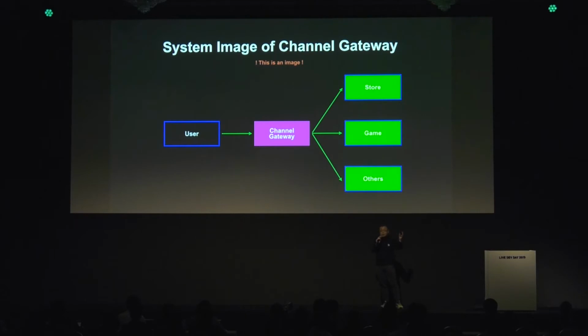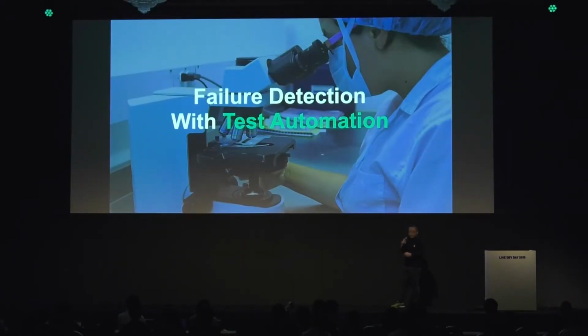Channel gateway is where we have many APIs and they are aggregated so that they are published in a usable manner to the external parties. So that means that in the background, I wrote names arbitrarily, but behind there are many microservices and they are all interrelated.